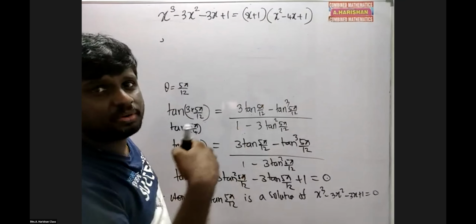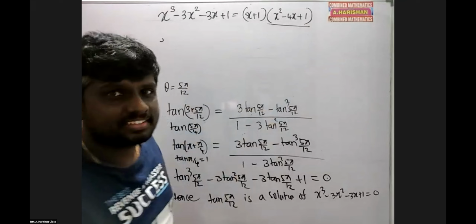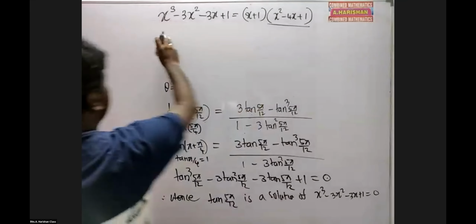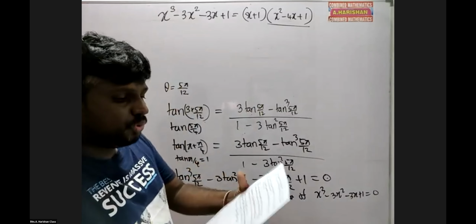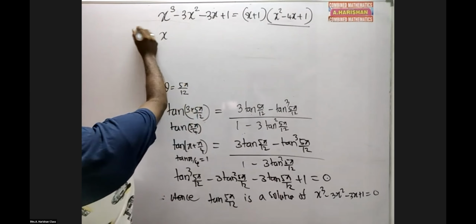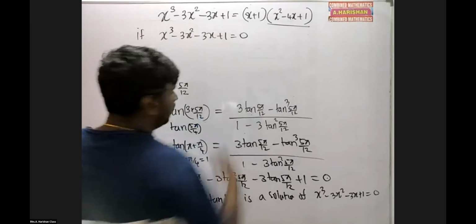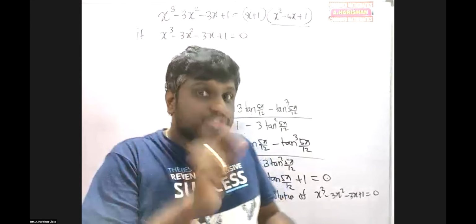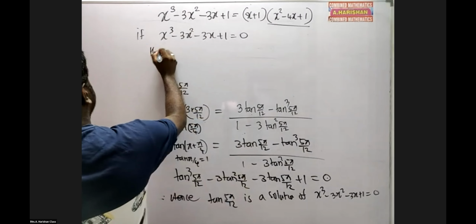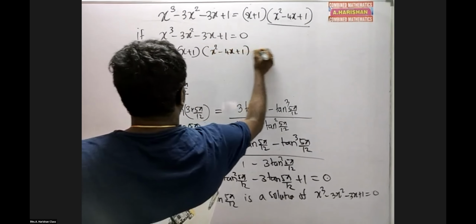So I can omit this. Definitely I know that tan 5 pi by 12 is going to come from this, not from here. So if x cubed minus 3x squared minus 3x plus 1 equals 0, then (x plus 1)(x squared minus 4x plus 1) equals 0.